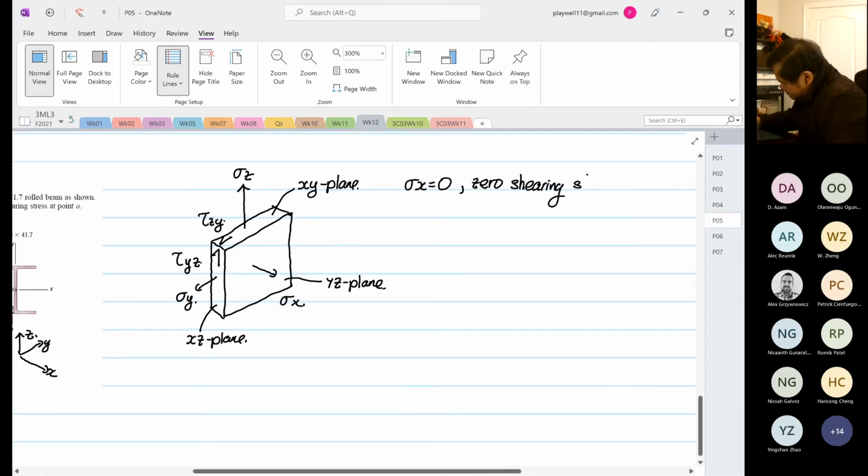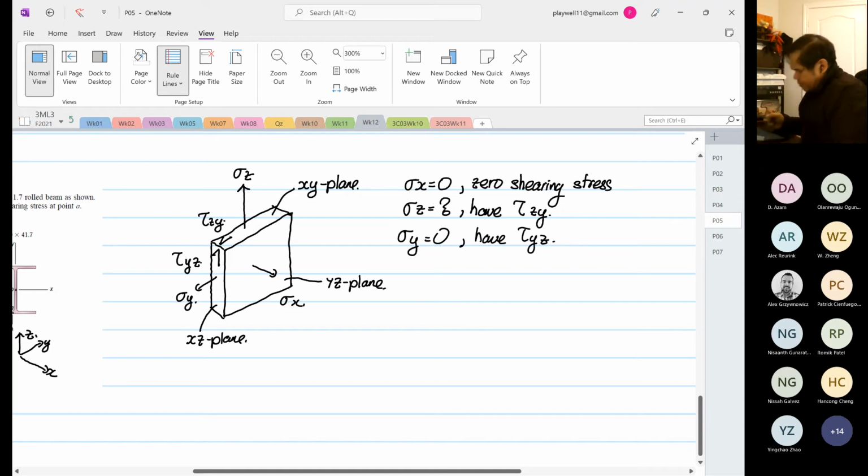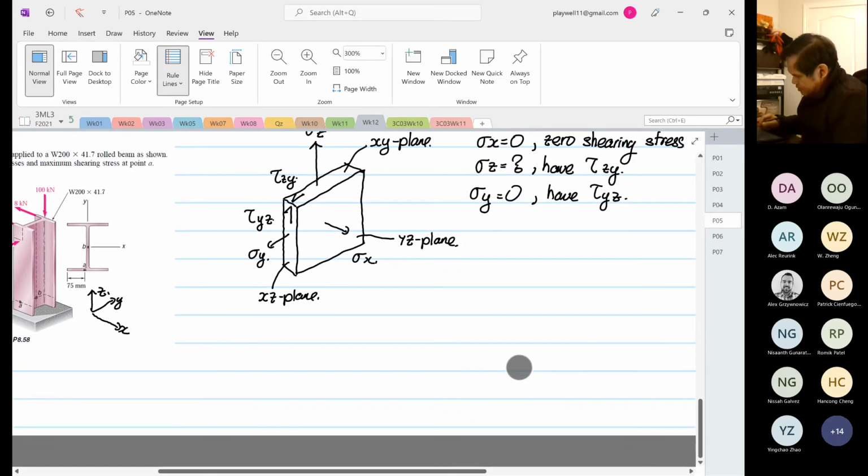Stress Z, we don't know, and we have shear ZY. Stress Y, we know is 0, and it also has a shear YZ. We know that. So from here, we have to find our stress Z.